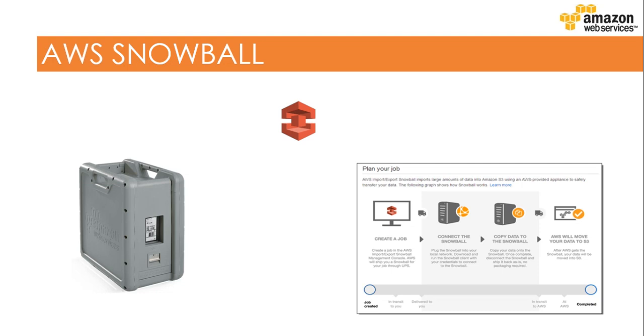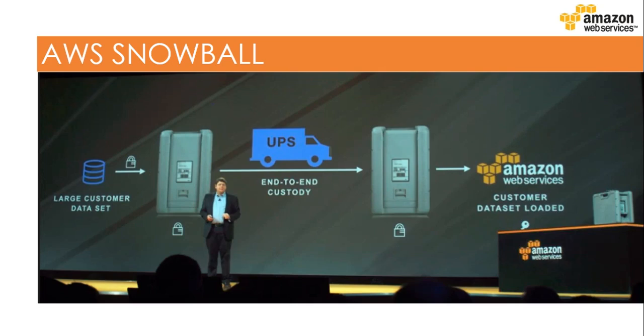The next service we have is Snowball. Snowball is just another device and big media where we can transfer data in petabytes. We have to log a request with AWS. AWS will send the device to your on-premises delivery center.